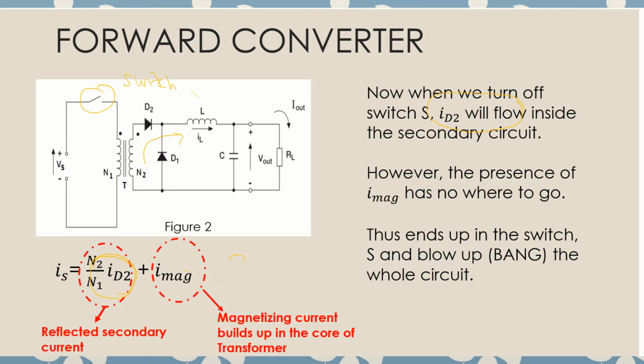But then what happened to I magnetizing? I magnetizing has nowhere to go. So what will happen? It's stuck in this loop. This will end up blowing up the whole circuit. So what happened? Bang.